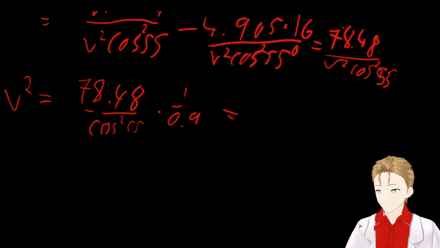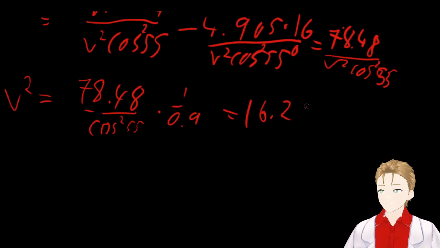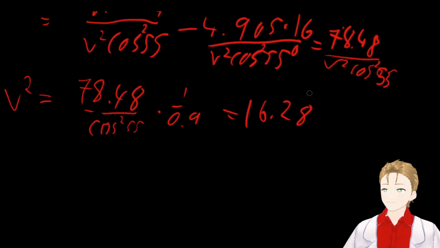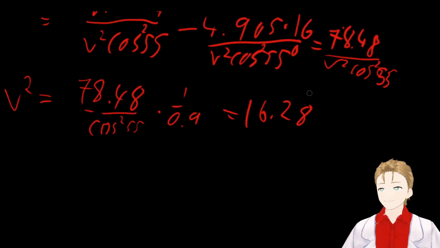I don't think this is going anywhere. It's still going to be 16.28. But it's still wrong. I can't remember why. I can't figure out why. Why? Why the why?